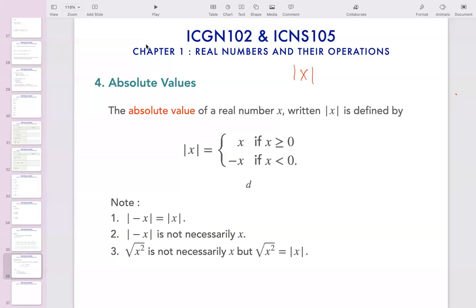For example, if x is 5, absolute x is 5 here because x is greater than 0.